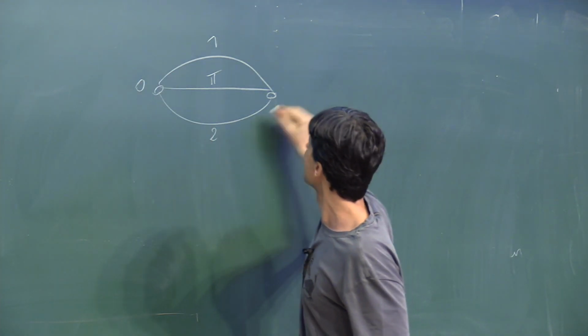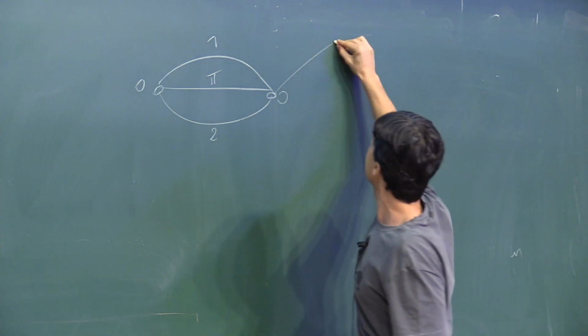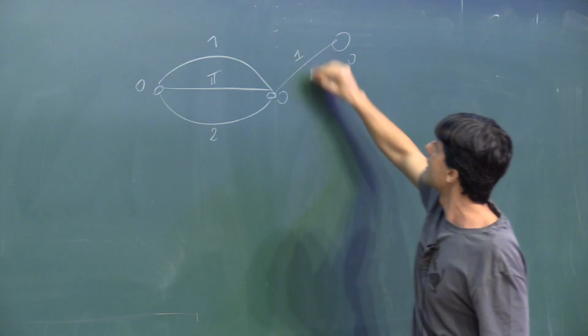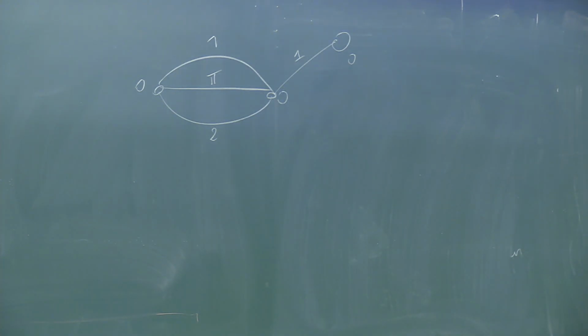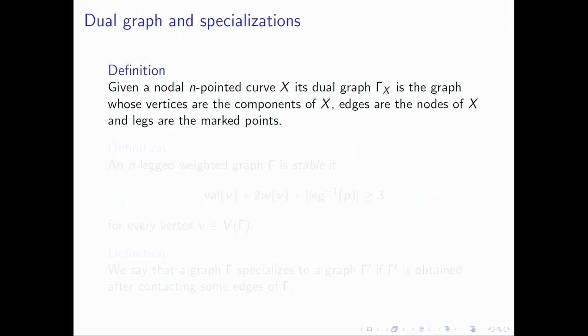I can put here genus 0 and 0. It doesn't matter. It satisfies this condition. But if I take this tropical curve, for example, and I put here genus 0, it doesn't satisfy this condition. So this is not stable in this context. Okay, I have to give more definitions.